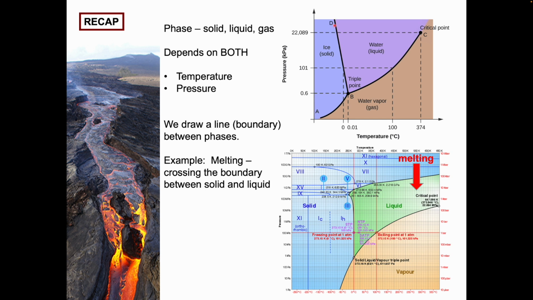The boundaries between phases are called phase boundaries, and when you cross these boundaries is how you go from one phase, i.e. solid, to another, i.e. liquid. In this lower phase diagram, we have the phase diagram of ice, and where this big arrow goes, it goes from very, very high pressure to lower pressure, and in doing so, it crosses the phase boundary from solid to liquid.